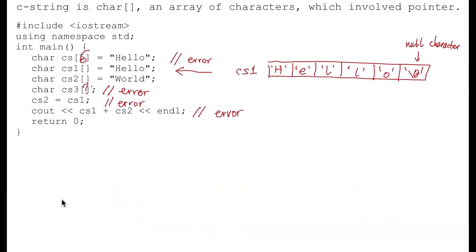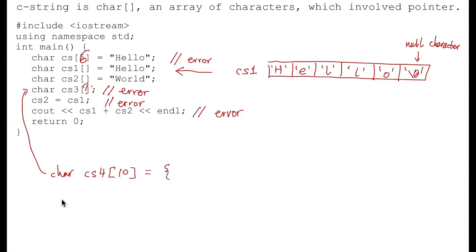Now you can also have a character array, let's make it C string 4 with capacity, let's say 10.